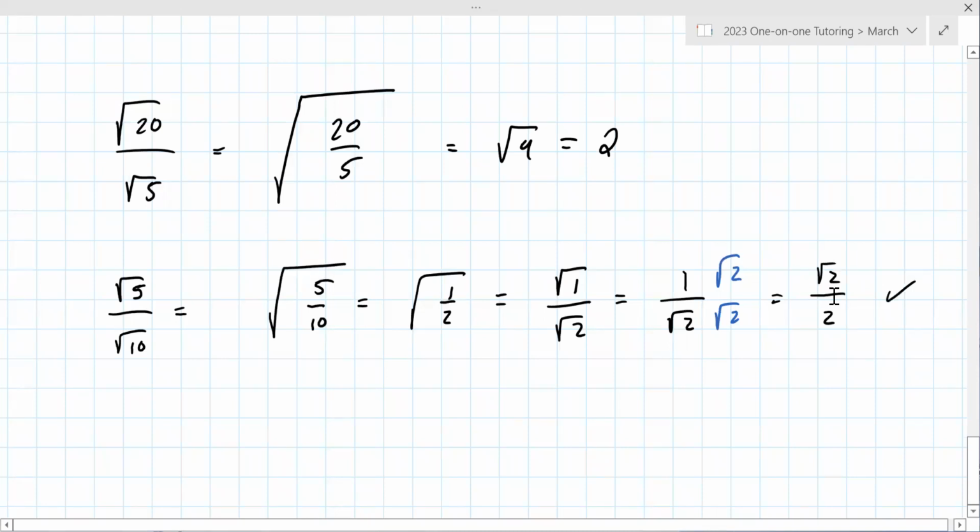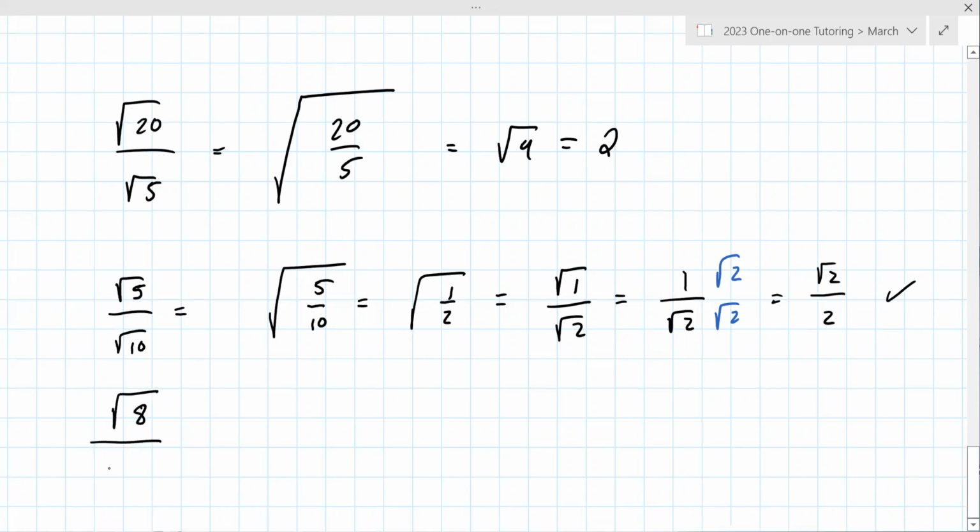Okay. So let's have you try one here. Square root of 8 over the square root of 24. Kind of similar to the last one there. Why don't you give that a try?